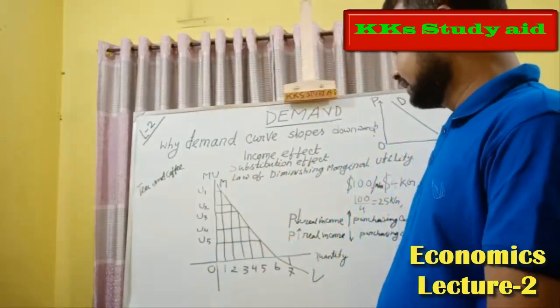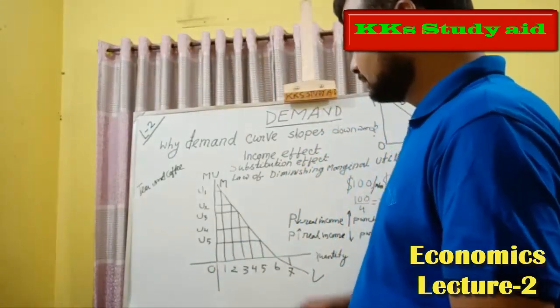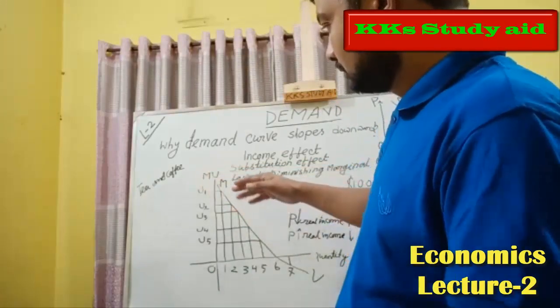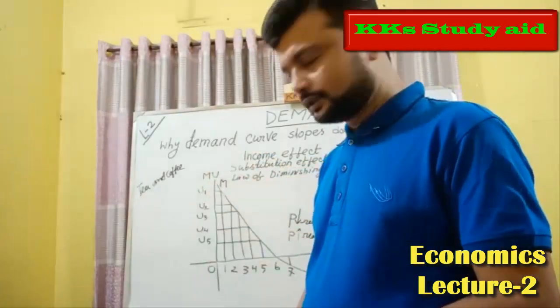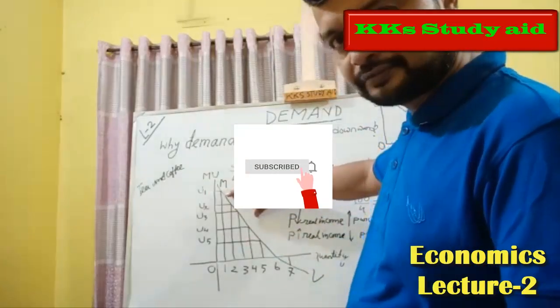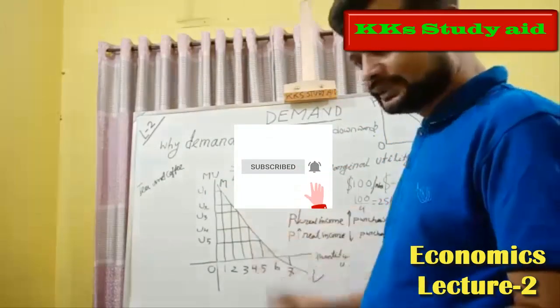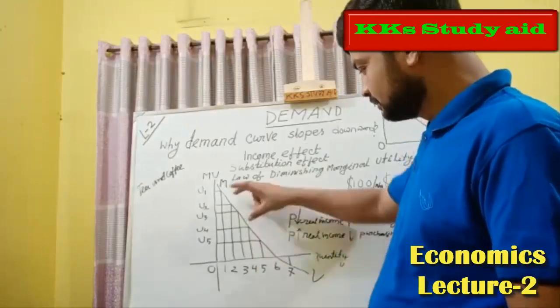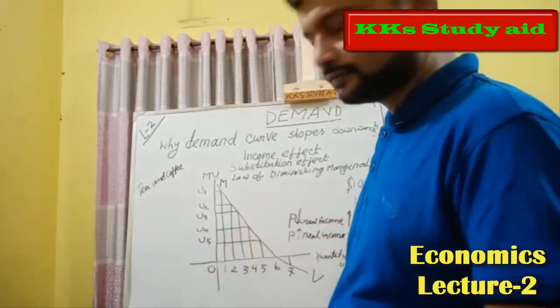So what we see here is that when we take the marginal utility to be the price of the commodity, the marginal utility curve becomes the demand curve. So this is the basis of drawing the demand curve from the marginal utility curve.